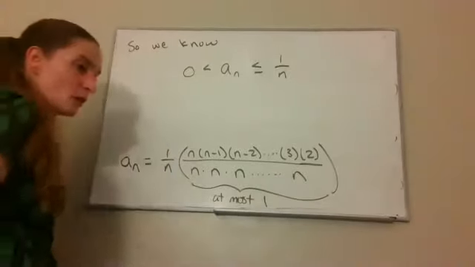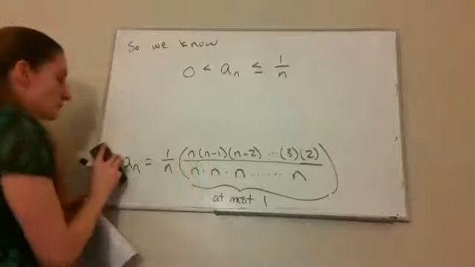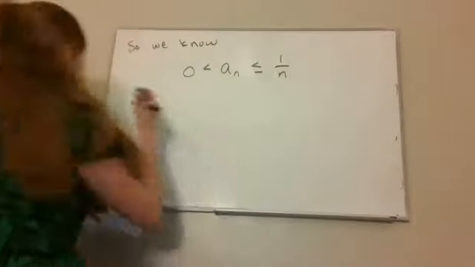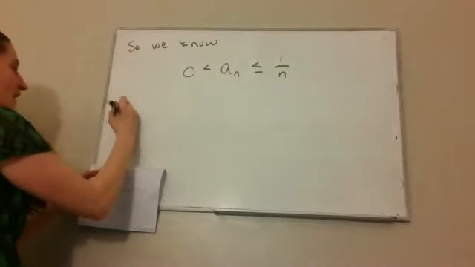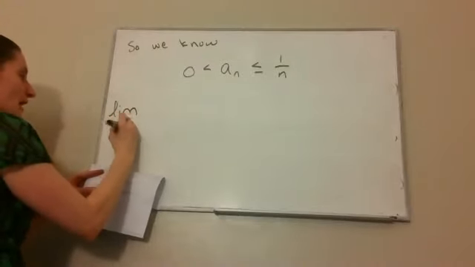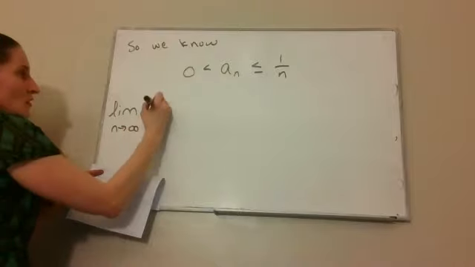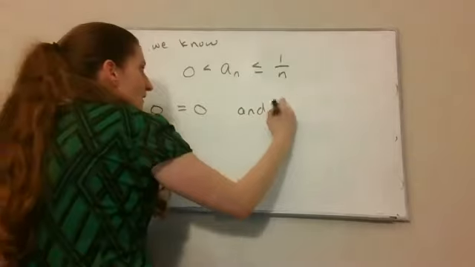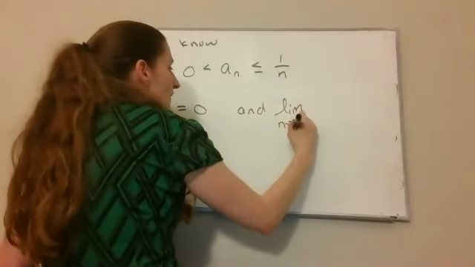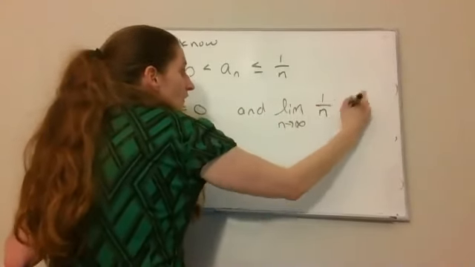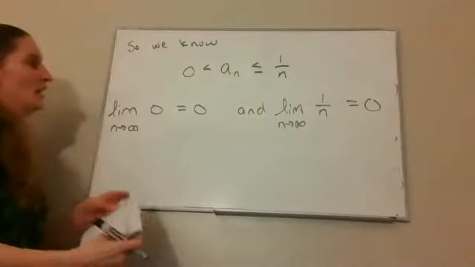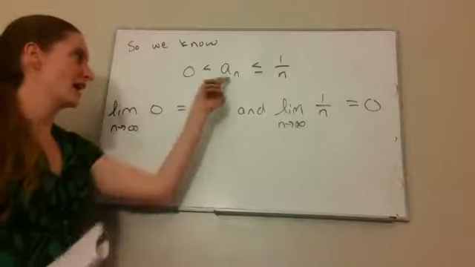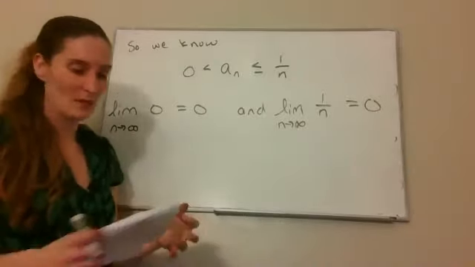Now I can use my squeeze theorem. My squeeze theorem tells me that if the limit of the smaller guy, which is the limit of 0, and the limit of the biggest guy, which is also 0, if those two limits are the same, which they are in this case, then the guy in the middle also has to have the same limit.